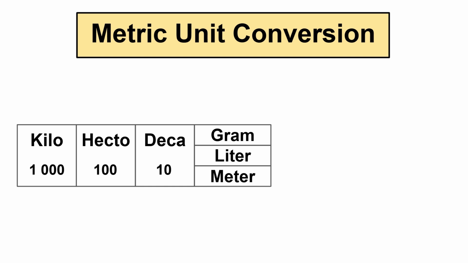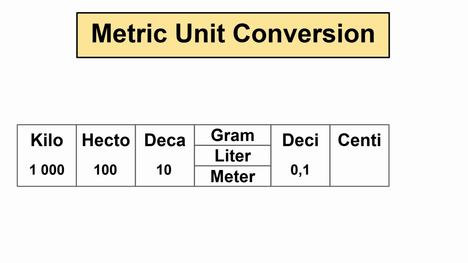And on the smaller side, the prefix deci means 1/10, so that's 1/10 of a unit. The prefix centi means 100th, so that's 100th of a unit. And finally, the prefix milli means 1,000th, so that's 1,000th of a unit.